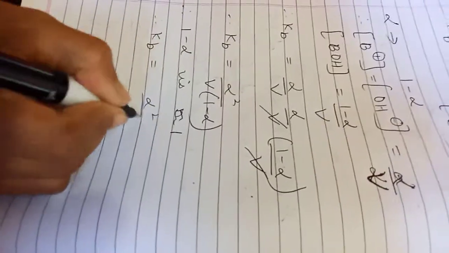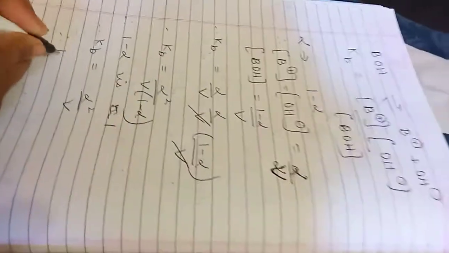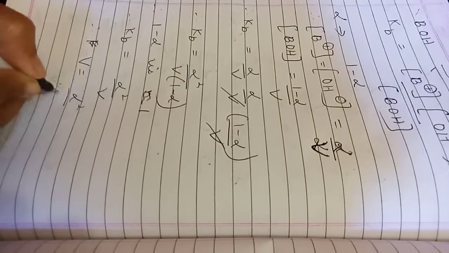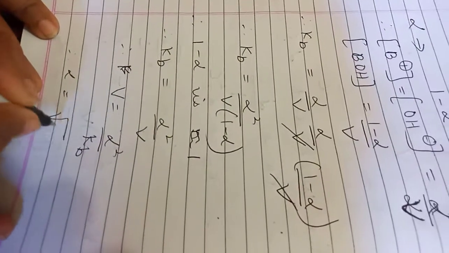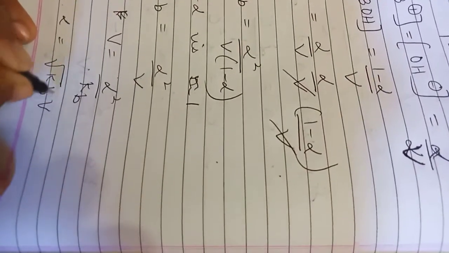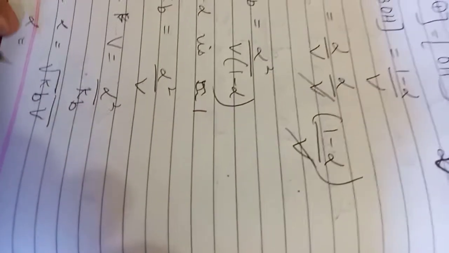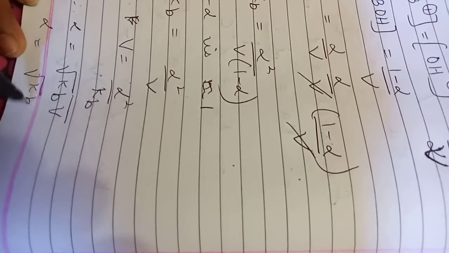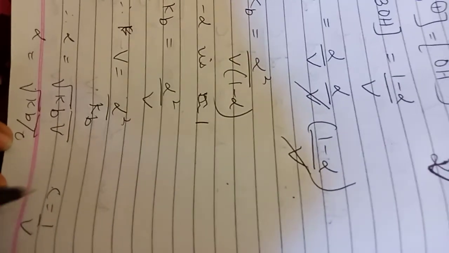It will be alpha square by V. Therefore V is equal to alpha square by Kb, or alpha is equal to under root Kb into V, or alpha is equal to square root of Kb by C. How, teacher? Because C is equal to 1 upon V. Reciprocal. That's it. Understood? Okay. For today I will stop. We'll continue with some more points in the next class.